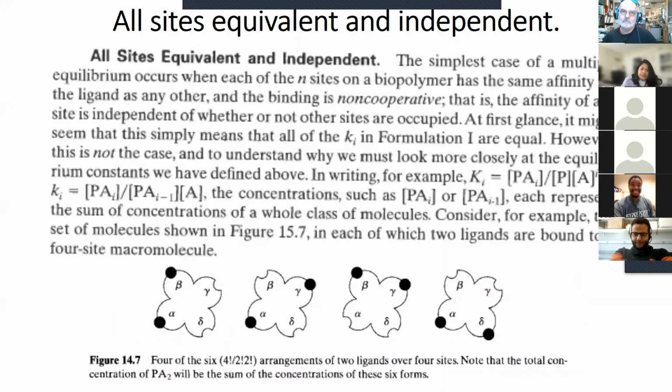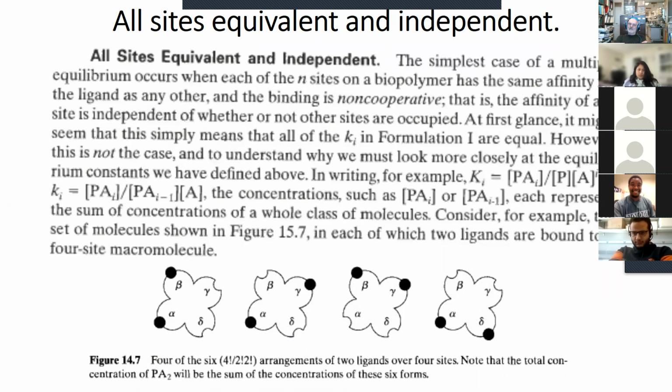So the first assumption is, rather than let the K's be anything, let's assume that all the sites are equivalent and independent. So the binding constants, the sites are equivalent.